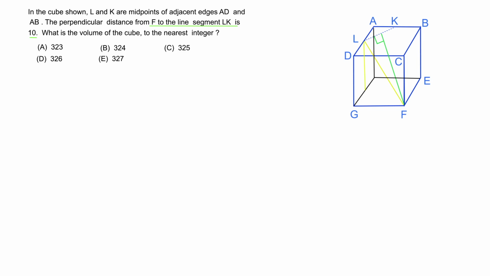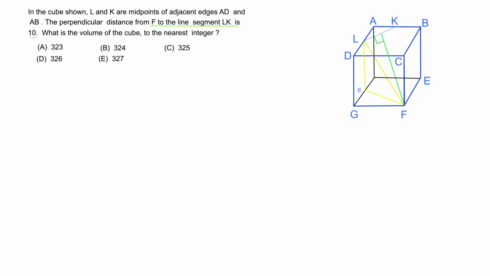And since L is the midpoint of AD, this will basically be the midpoint of that segment. So this is, let's say, E. And finally, one final line should suffice, and that is from F to E, like this. These lines will help us solve this question.